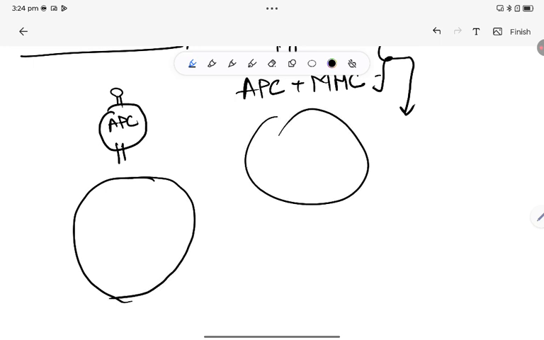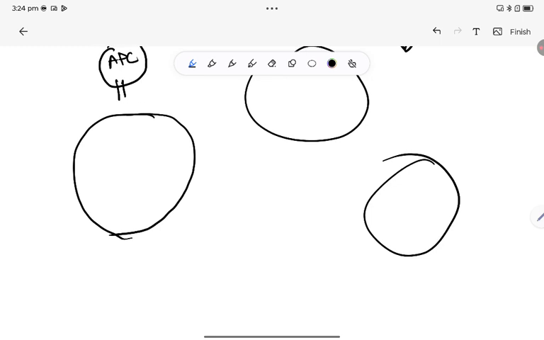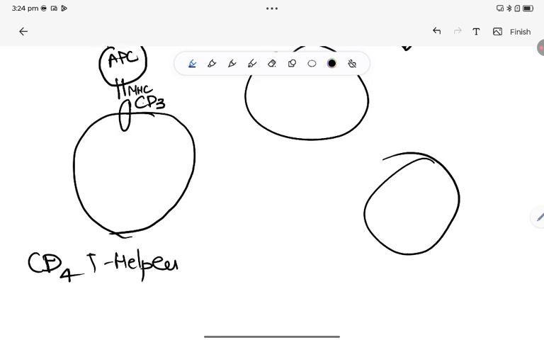Now it brings the antigen and presents itself to T lymphocytes. There are many T lymphocytes here. One such T lymphocyte is this. Now we need CD4 T helper cells for immune response. What usually happens is whenever an APC with MHC complex comes, it recognizes the CD4 cells with the help of CD3.